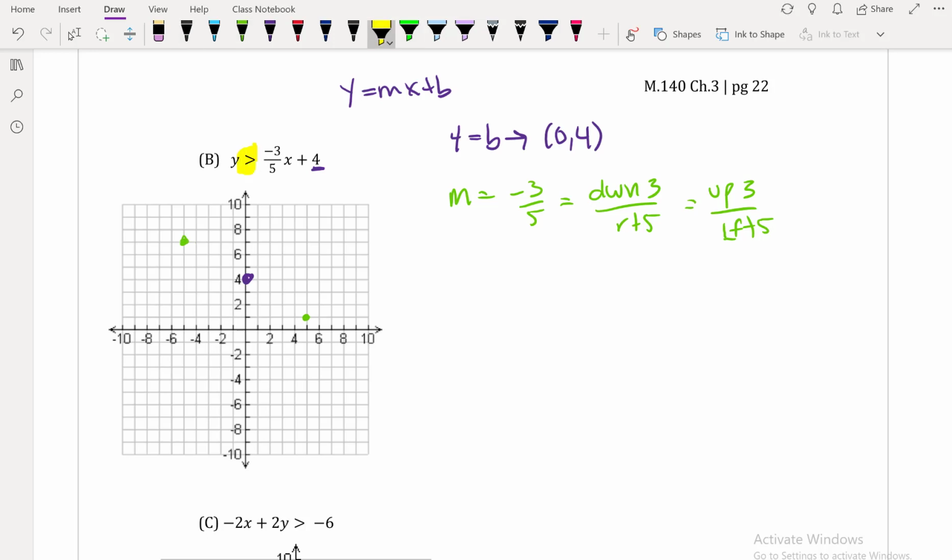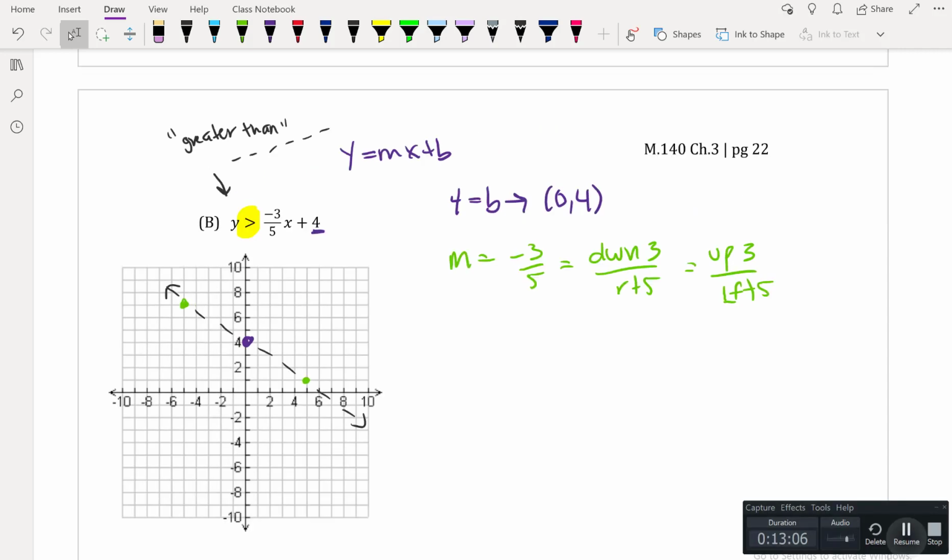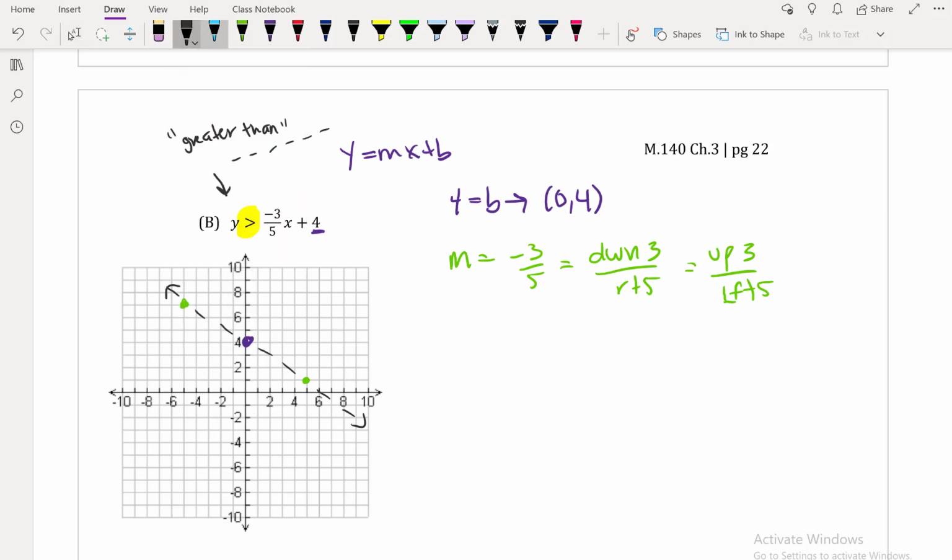Now I have to be careful. Look at this inequality. What does it tell me? It's strictly greater than. So that tells me that the line is going to be dashed. So I'm going to go ahead and draw a dashed line here. Now that I have my graph, I can't forget that I also now have to shade.